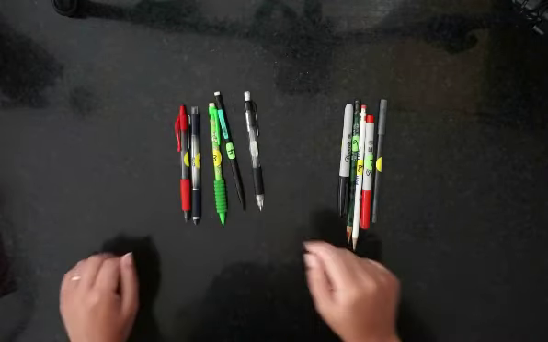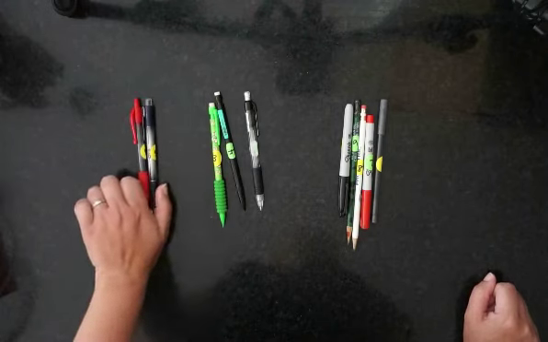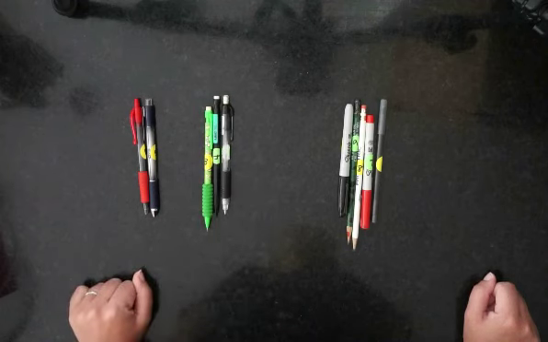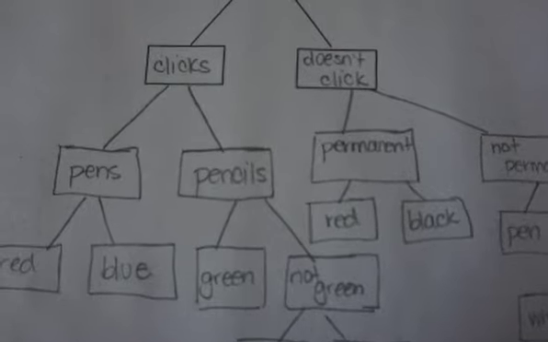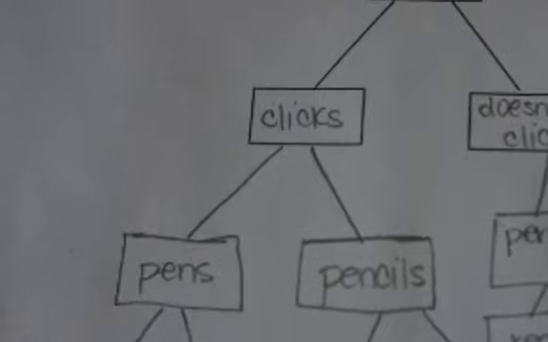Okay, now we're going to take our first group and we're going to divide that again into two groups by one trait. So here my groups are going to be pens and pencils. And so on my dichotomous key tree here, I'm going to divide my clicks into pens and pencils.